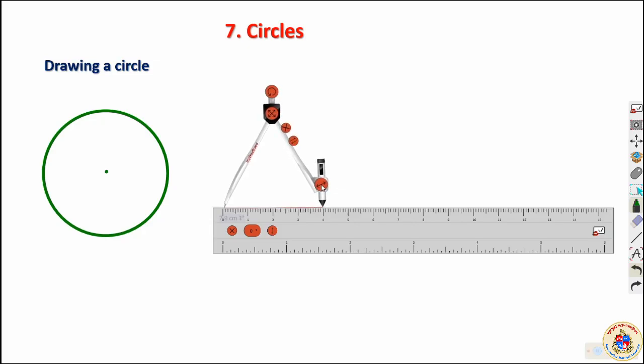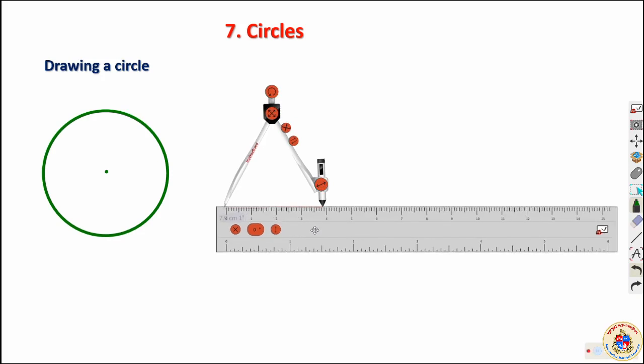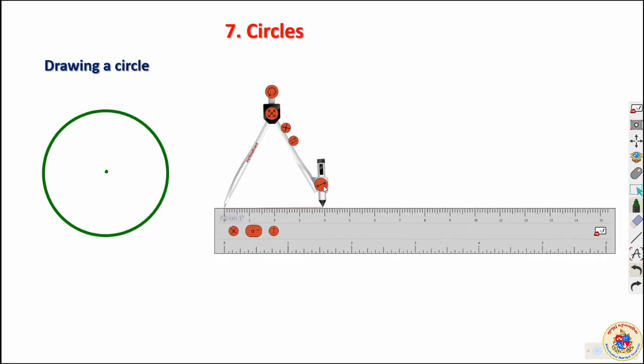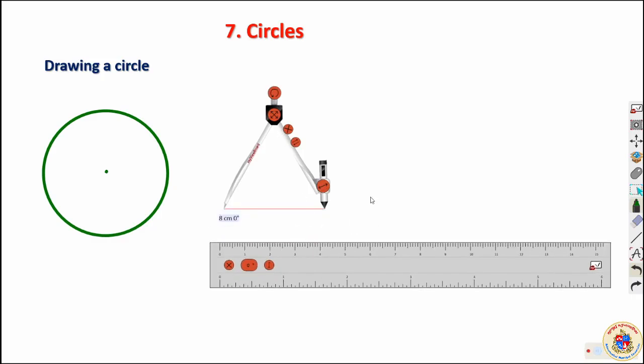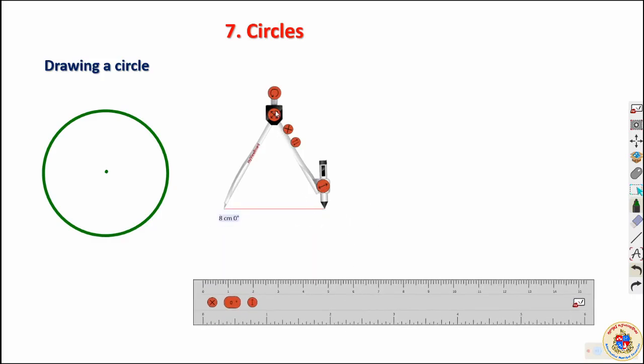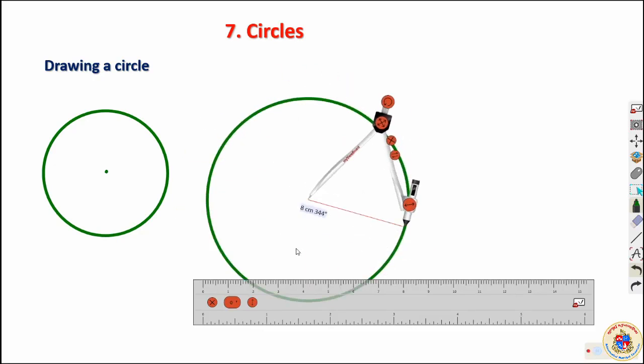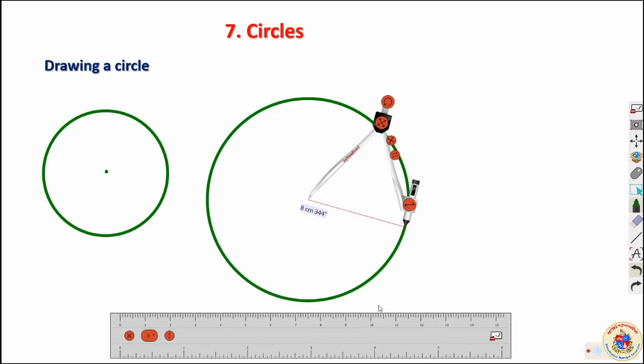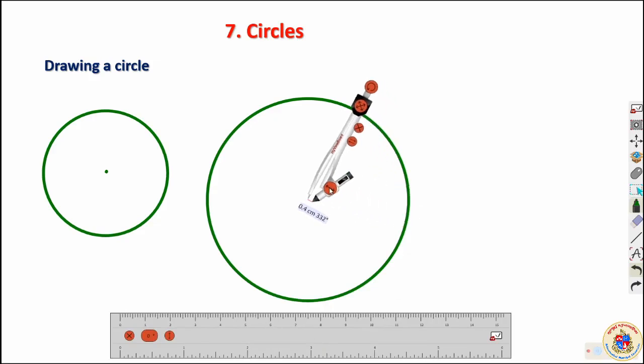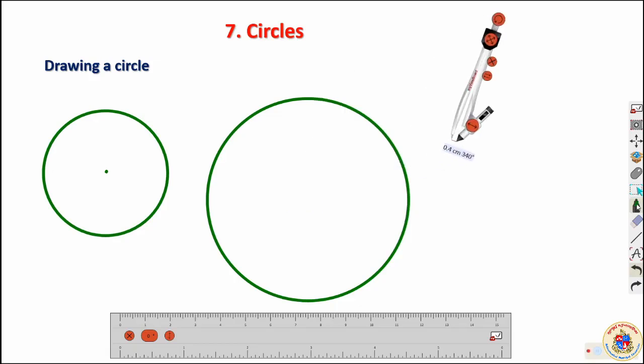The pencil should be sharp, and the pencil and the tip of the compass, which is sharp, should coincide. The pencil should be neither behind nor ahead. It should coincide in its length with the tip of the compass. Then you will draw the circle. For drawing the circle you need a compass, a sharp pencil, and the measurement if you wish to draw a circle of a particular radius.